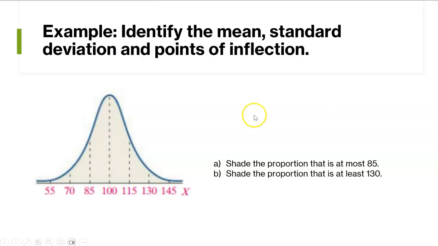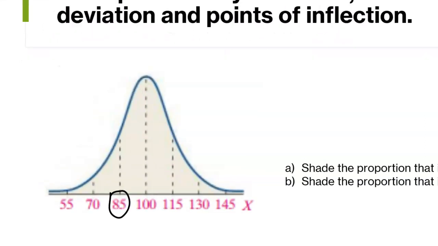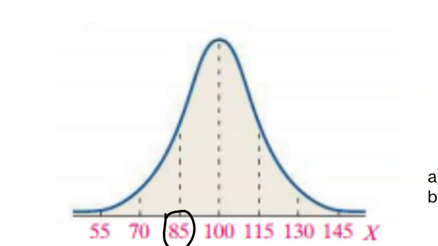All right, now it wants us to do two other things on this graph. The first one is to shade the proportion that is at most 85. So 85 is here. At most means it goes up to 85, but it does not exceed 85. So if I wanted to shade the part of the graph that's at most 85, I'm going to leave it zoomed in.